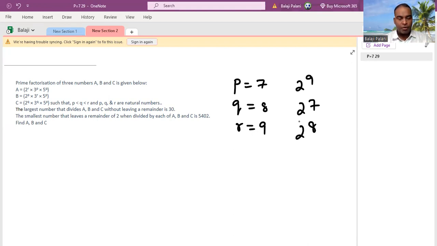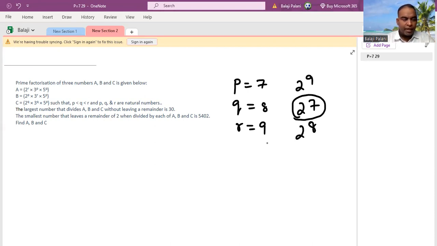So coming back to HCF, with 2 power 9, 2 power 7, and 2 power 8, we will take the smallest power of the common terms. So 2 power 7 will be the HCF for A, B, and C with respect to the prime number 2.